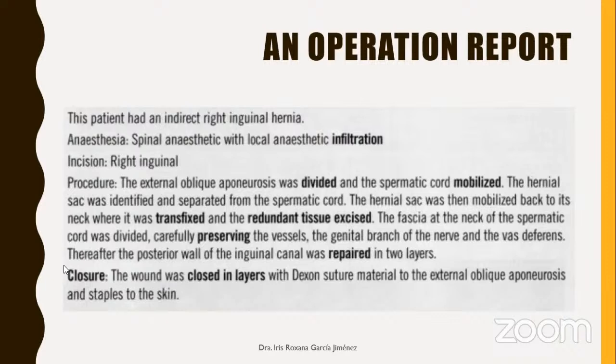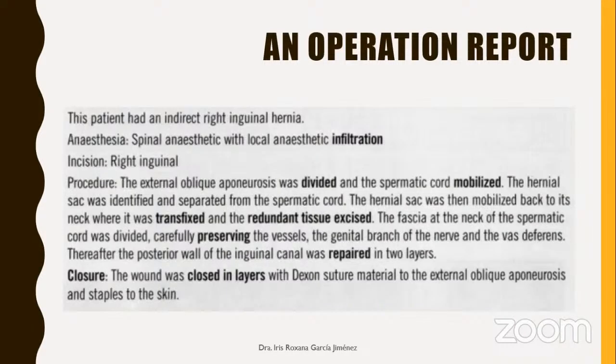The external oblique aponeurosis was divided and the spermatic cord mobilized. The hernial sac was identified and separated from the spermatic cord. The hernial sac was then mobilized back to its neck, where it was transfixed and the redundant tissue excised.